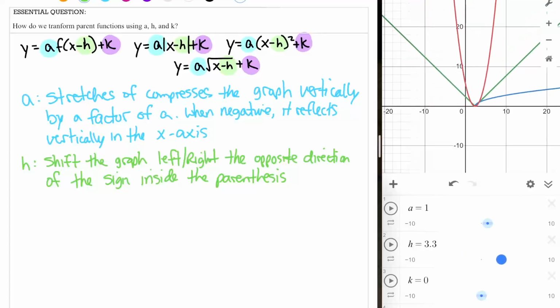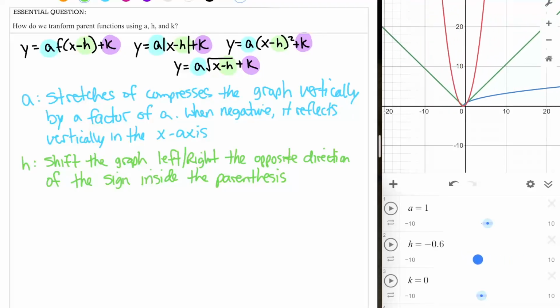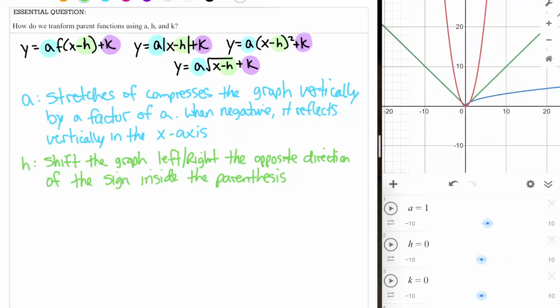So h shifts the graph left or right, and it's going to be the opposite direction of the sign we see in our equation or in the function.